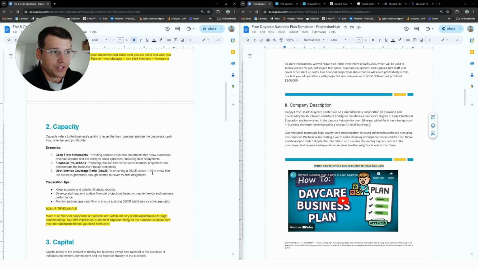That's a calculation the lender is going to do based on your projections, that you are going to generate enough cash flow once they figure in their loan repayment that the business projects, realistically, to generate enough free cash flow to not only survive, sustain, be profitable, but also repay the loan on top of that.